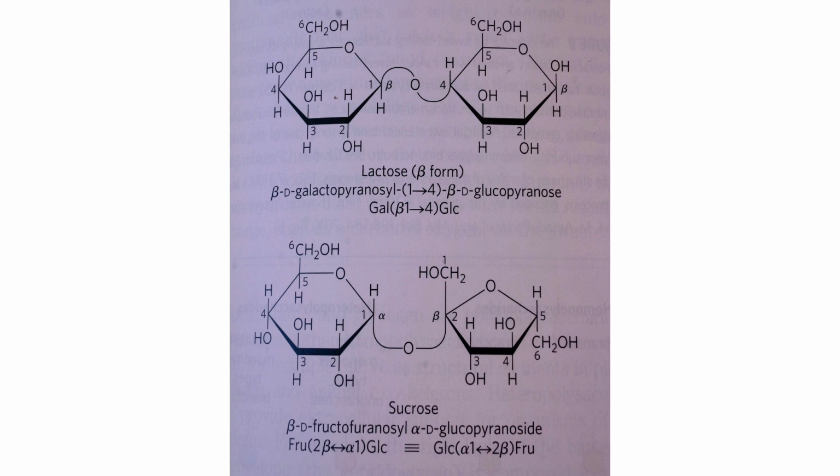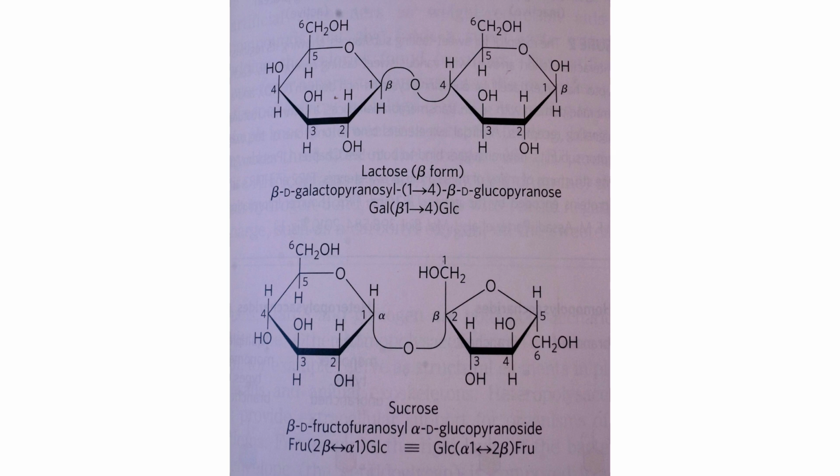The reducing residue comes next, glucopyranose. This is another way of doing it, galactose beta 1 to 4 glucose. So there are 3 ways of giving this. This is the chemical name, and this is the most informative. The other ones would require some element of sense that lactose is galactose plus glucose.